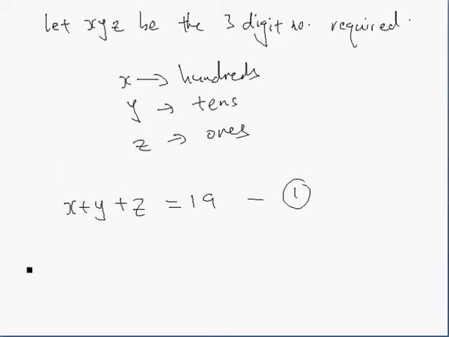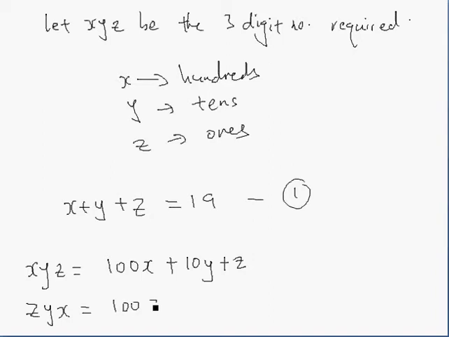So x, y, z, I can write it as 100 times x plus 10 times y plus z, whereas z, y, x is 100z plus 10y plus x. And the first value is 495 bigger than the second value.